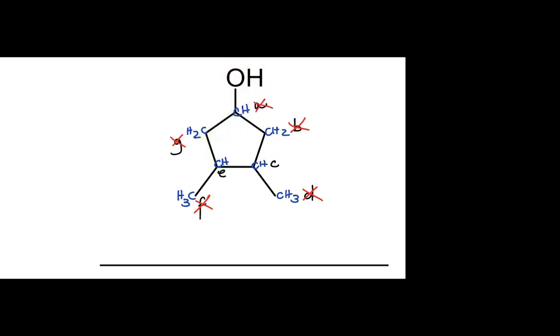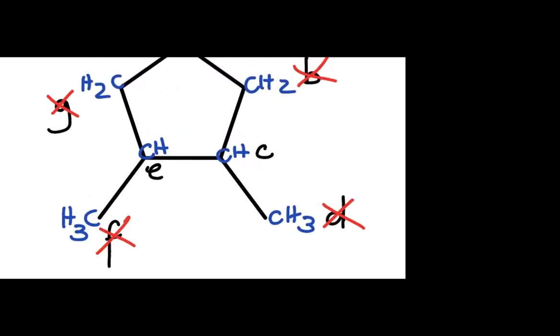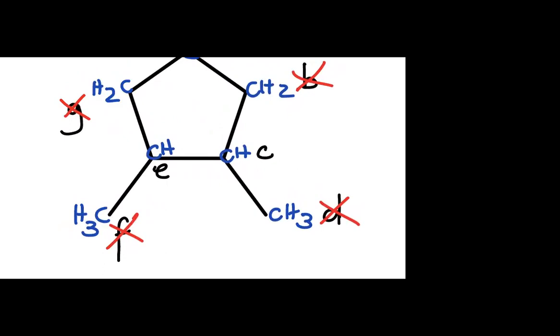Let's now look at E and C. Let's look at the path for C. It's bonded to hydrogen, is bonded to a CH3, is bonded to a CH2, and is bonded to a CH. Can C be chiral? Excellent.